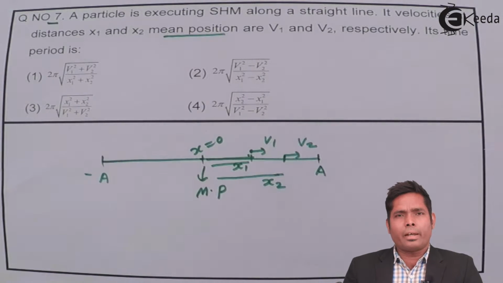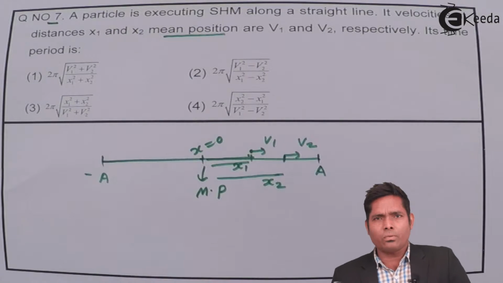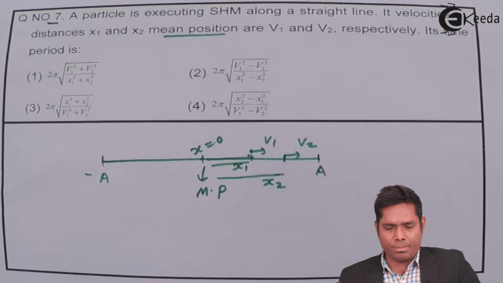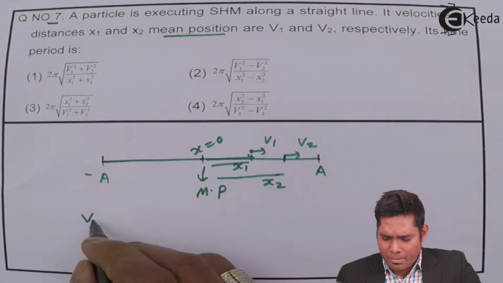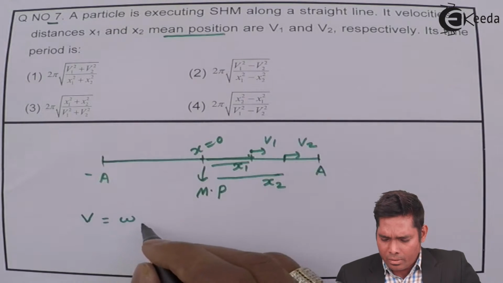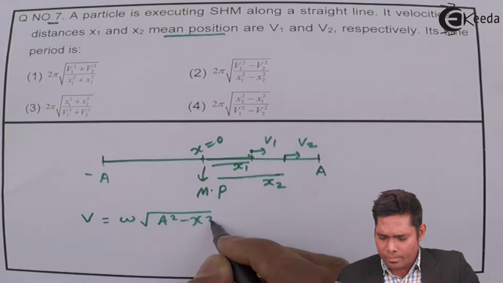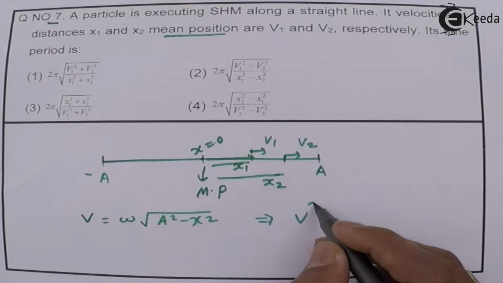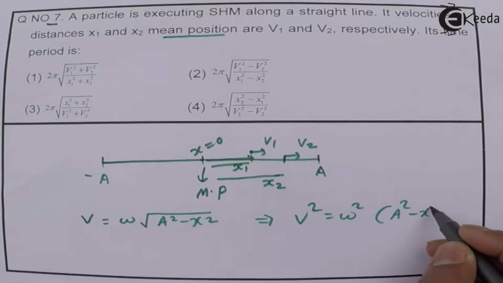Now for any particle executing SHM, we have a general formula for velocity as a function of displacement. The velocity is given by v equals omega under root of a square minus x square, or I can write v square is omega square times a square minus x square.